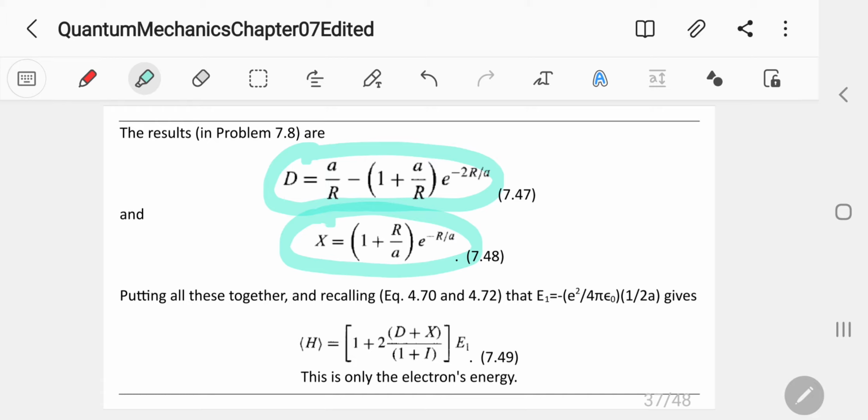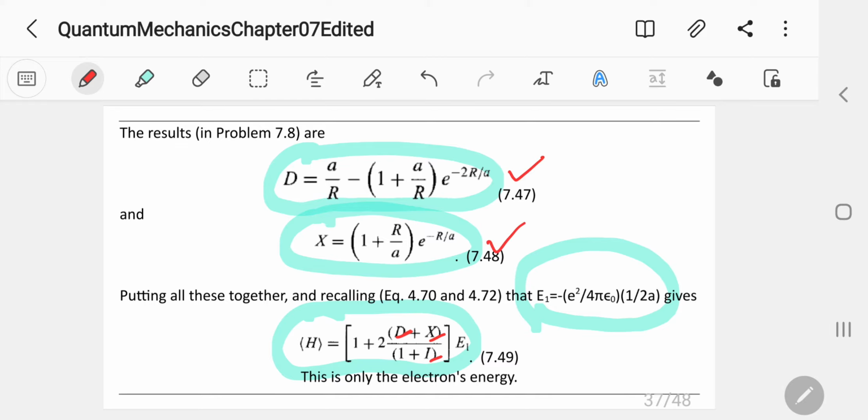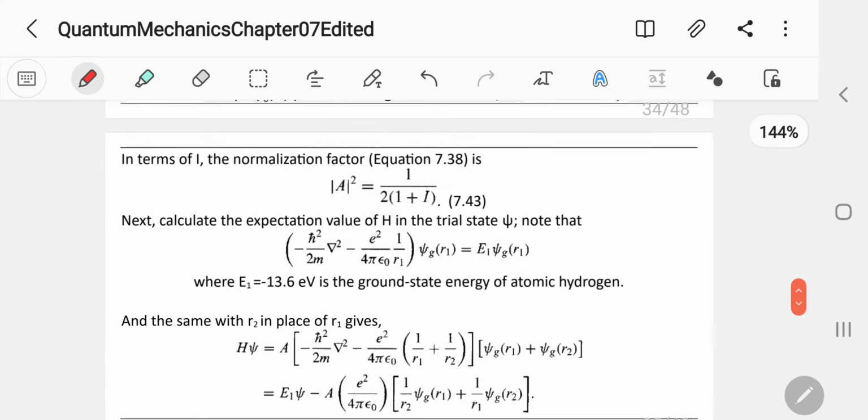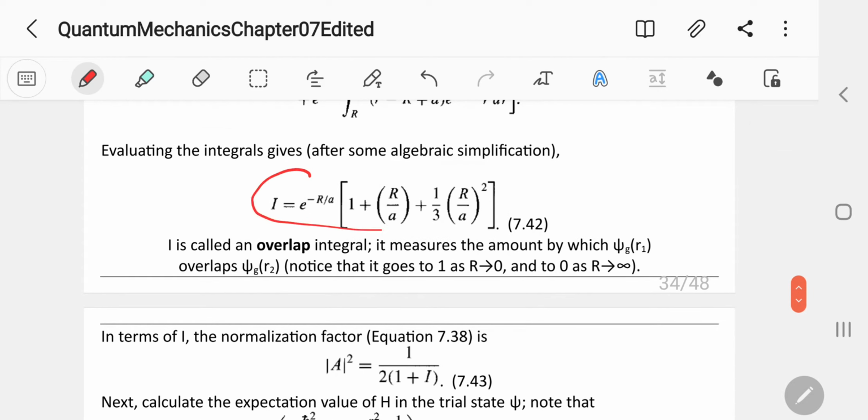So putting all the results together and recalling that your E1 is of this form in the discussion of the hydrogen atom, it will give us the expectation value of this form. Remember here that your D should be written as this one, your X as that one, and your I as this one here.